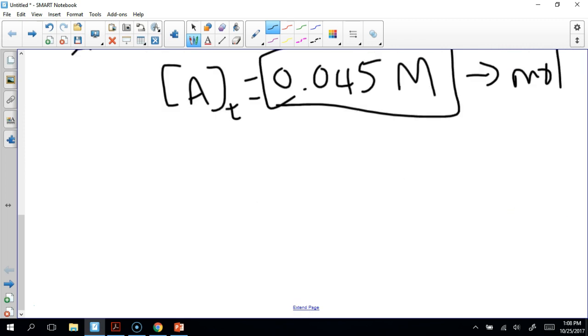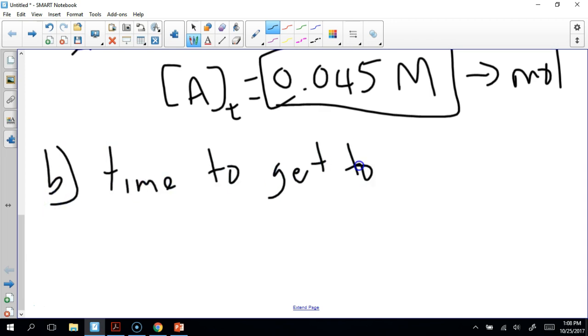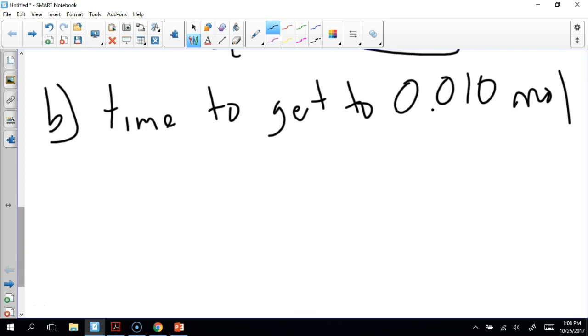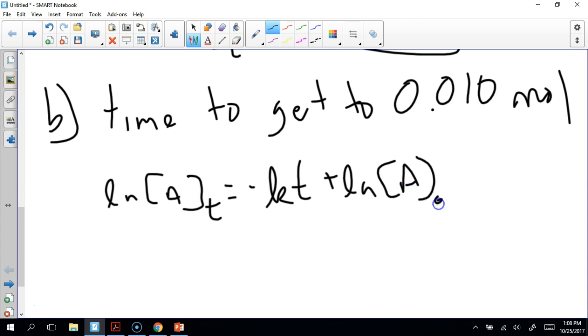But we want to know the time for part B. Well, again, if it's not a half-life problem, you still have to use the first order rate equation. And when we use that, we again plug and chug. Instead of solving for the concentration at time t, we're going to solve for that guy. So it's just another plug and chug.